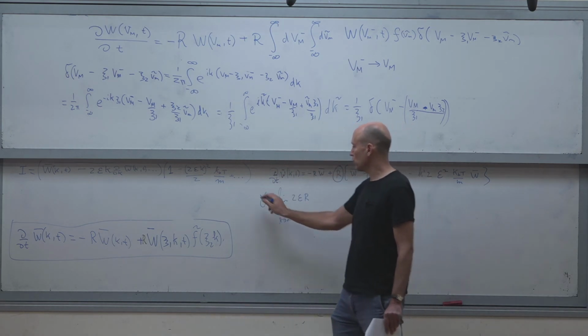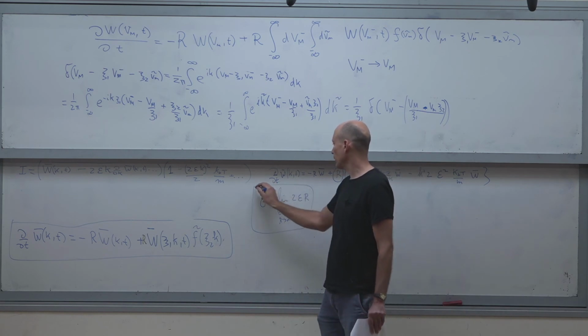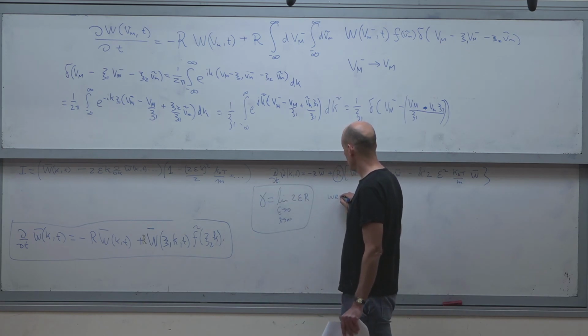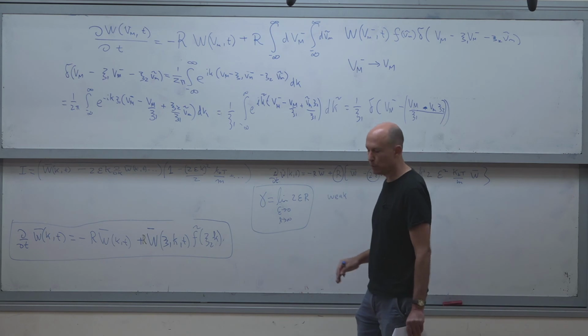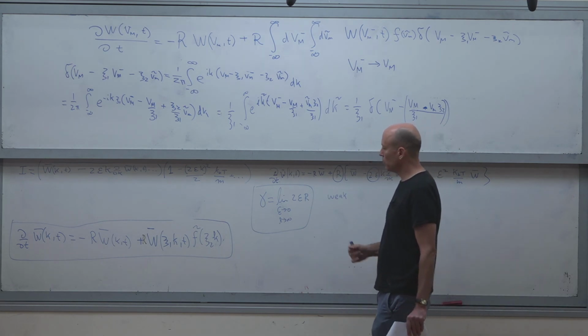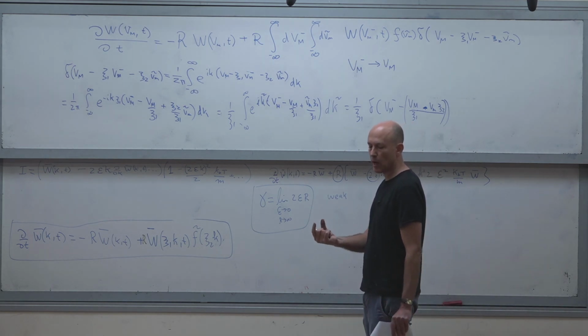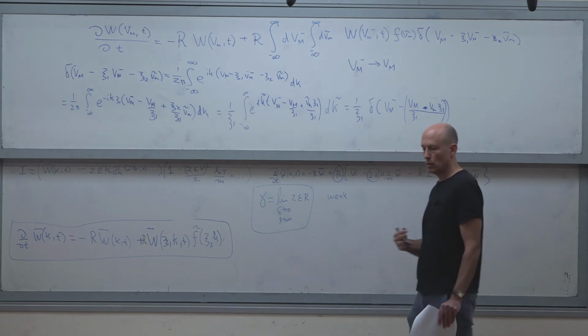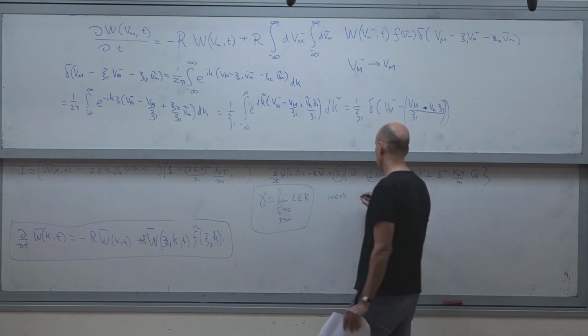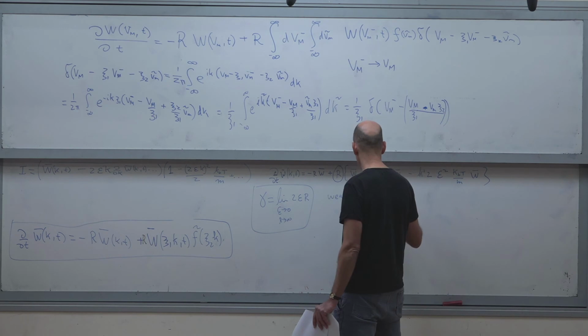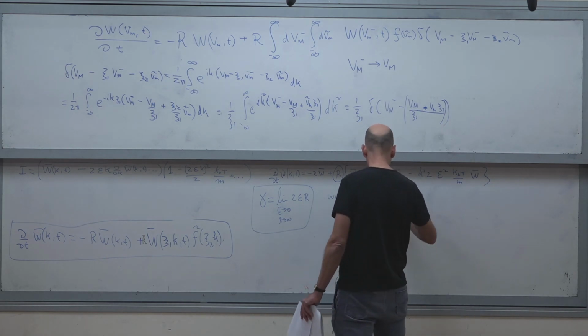I'm taking the collisions to be weak. That means epsilon is going to be small. And I'm taking the rate of collisions to be high. That means the time between collisions to be very short. So this is weak and frequent collisions.